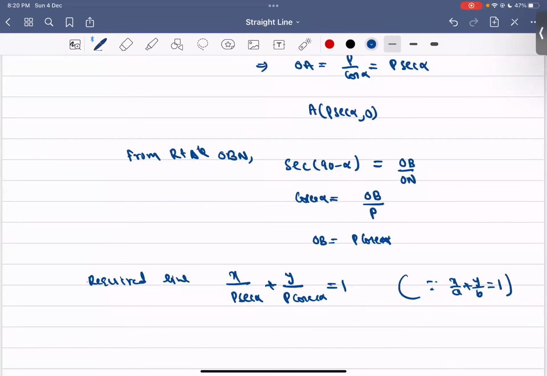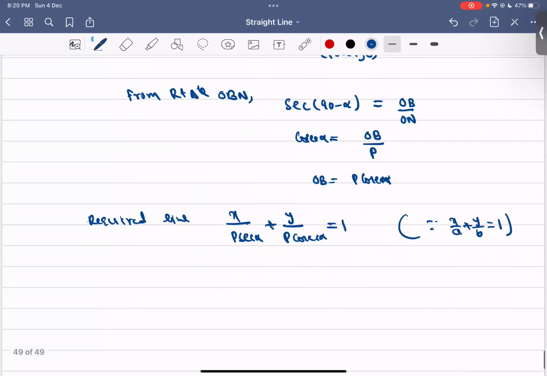In place of A, the x-intercept, I substituted P secant alpha; in place of B, P cosecant alpha. Now you can write it like this: x by secant alpha plus y by cosecant alpha is equal to P. Therefore, x cos alpha plus y sin alpha is equal to P.